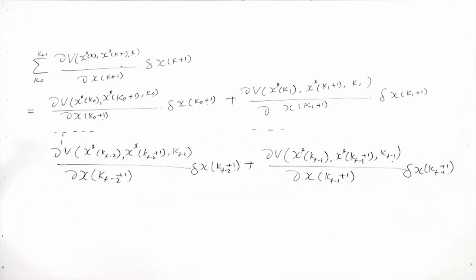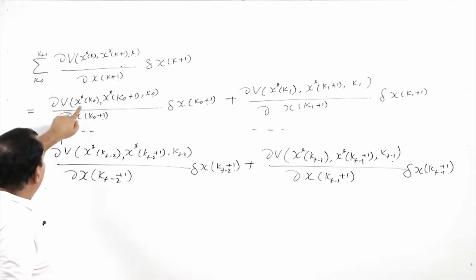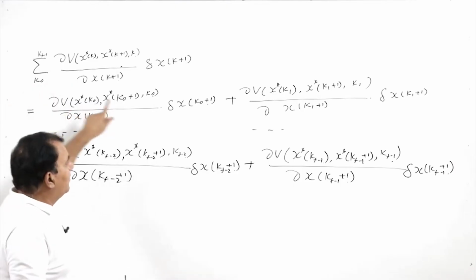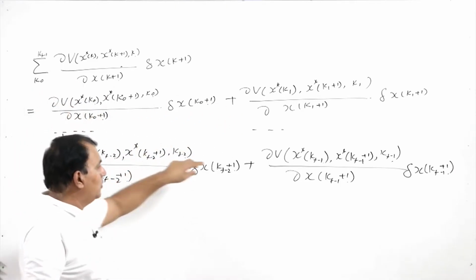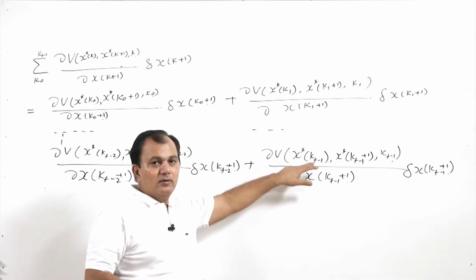So, this gives me nothing but the expansion of this summation, the second term of the first variation which we have considered, by replacing k by k0, then k1, second last term kf minus 2, last term kf minus 1.